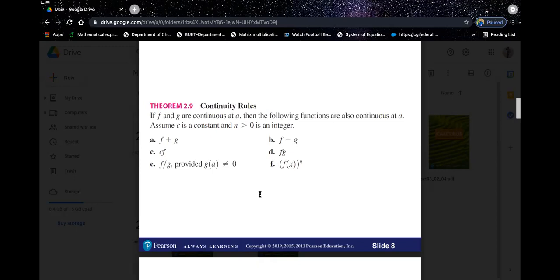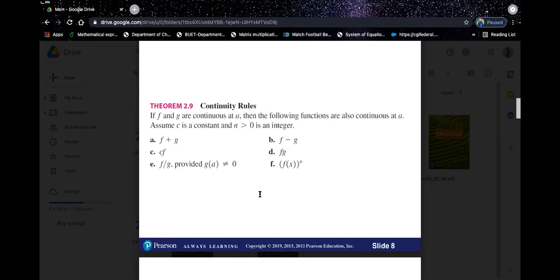So let's say we have two functions, and both of the functions are continuous at a. We can have two functions on the same graph, right? We can draw two or even more functions on the same graph. That's not a problem. Both functions, f and g, are continuous at a given point.